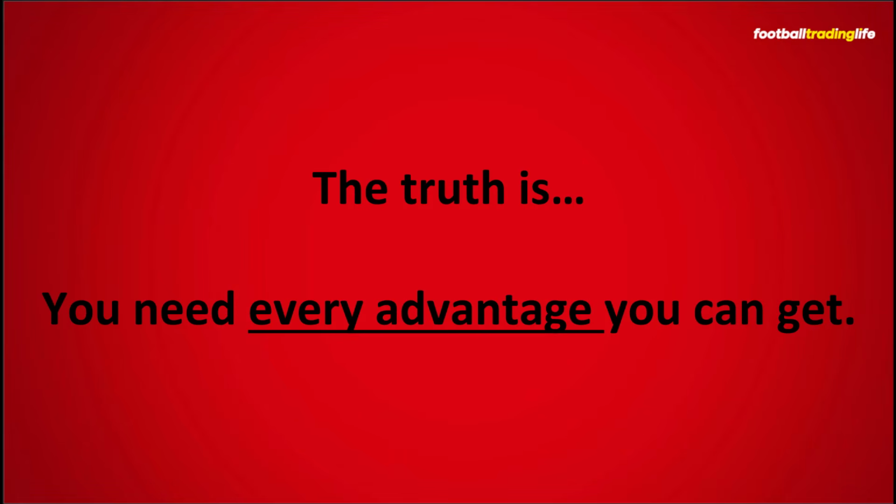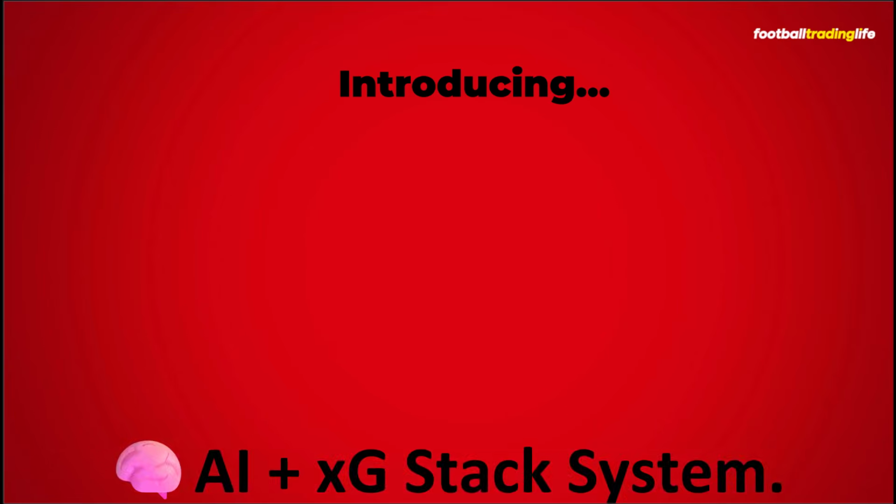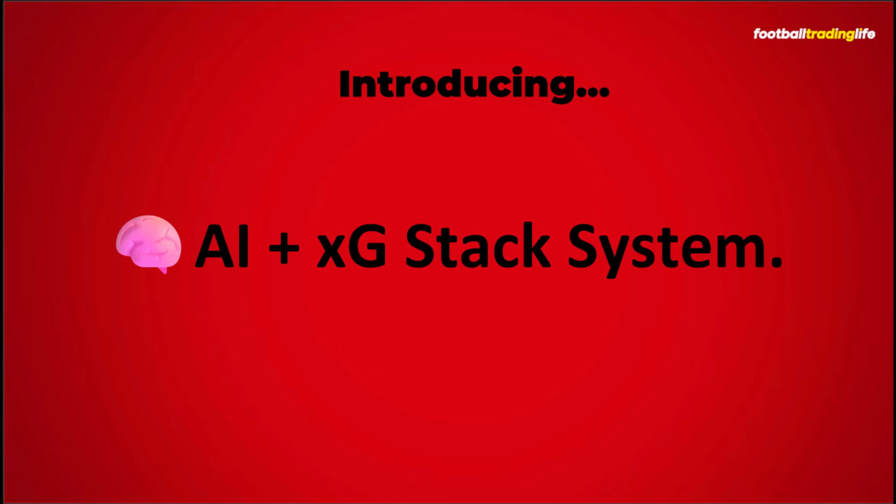But the truth is, when you're trading the correct score market especially, you're going to need every advantage that you can get. So in this video, we're going to be showing you the AI plus XG stack system. And this is going to make trading correct scores a lot easier, a lot more simple. It's going to cut through the randomness, okay?